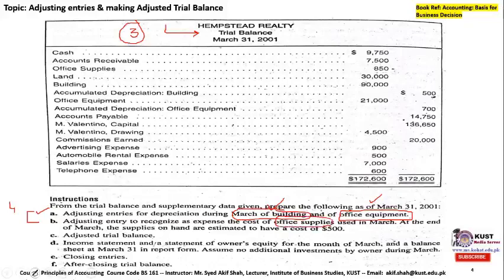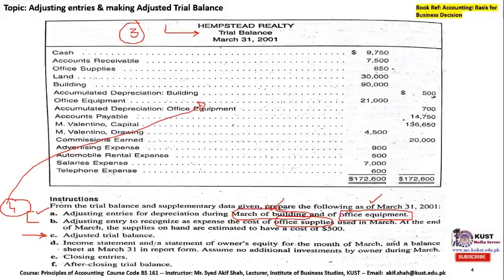In this lecture, the emphasis will be to discuss how to incorporate the step number 4 adjusting entries into this trial balance so as to make the adjusted trial balance.